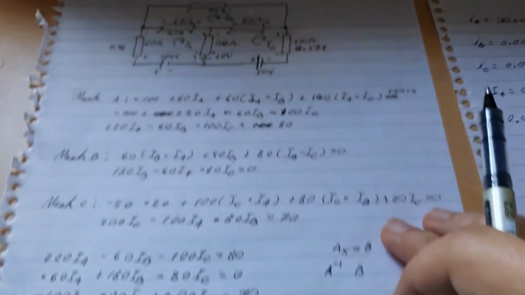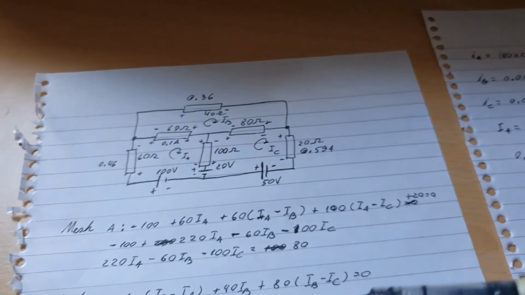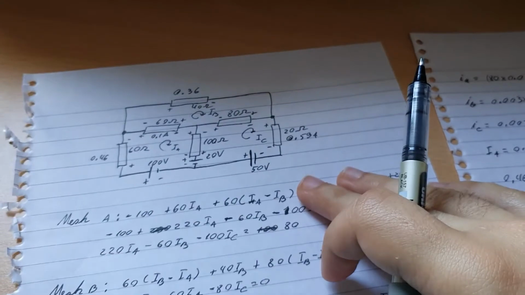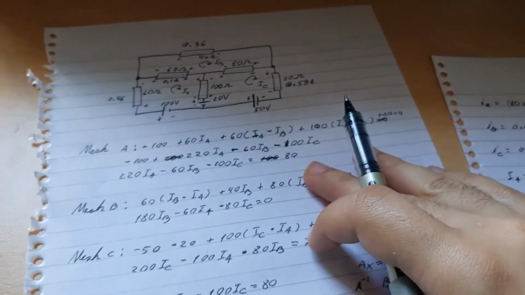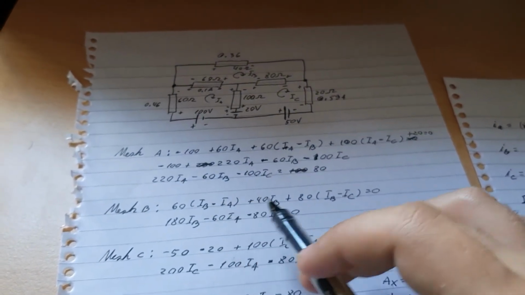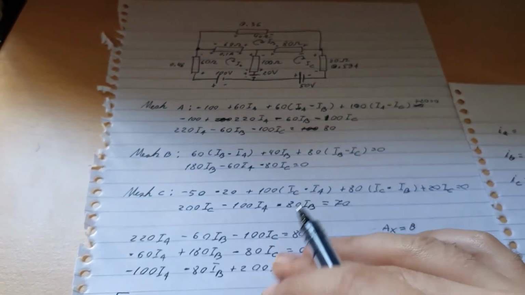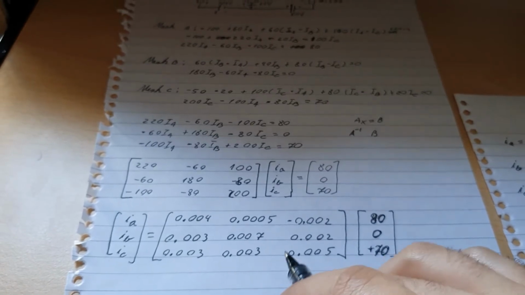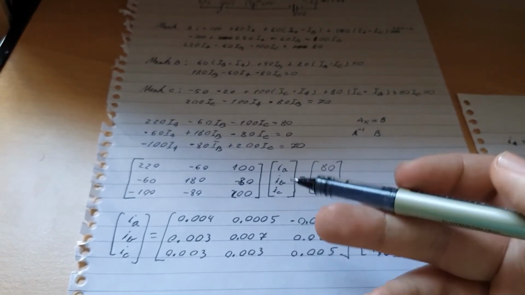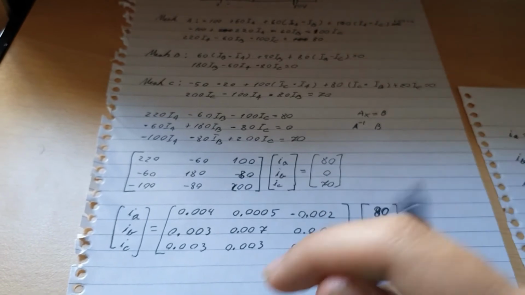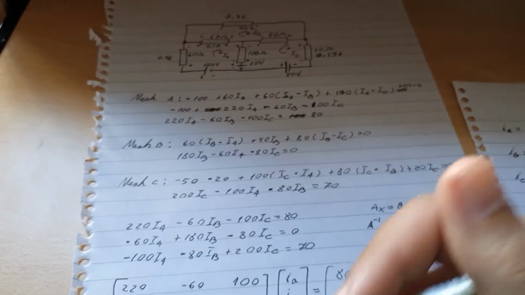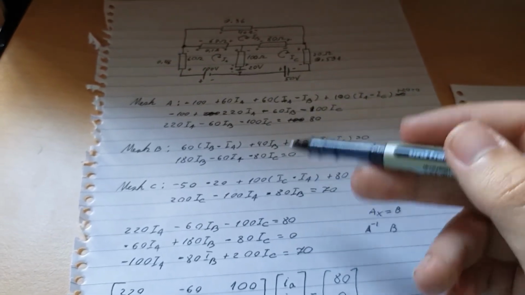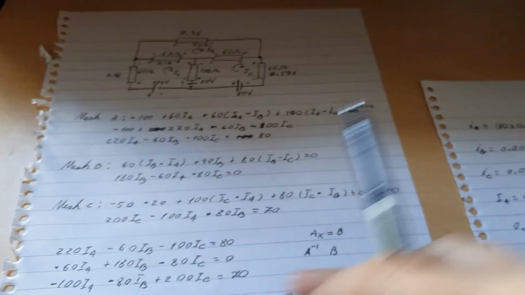Anyway, as you can see, this way of calculating takes less time than nodal analysis as well, because you just need to determine the values of each mesh, make it short with the currents, and then you apply matrices to it, which, to be honest, the calculation of the matrix will take longer, but we can do simultaneous equations as well. If there are only 2 of them, that would be simpler. If you try to do simultaneous equations with 3 of them, then yeah, that will take a bit longer.